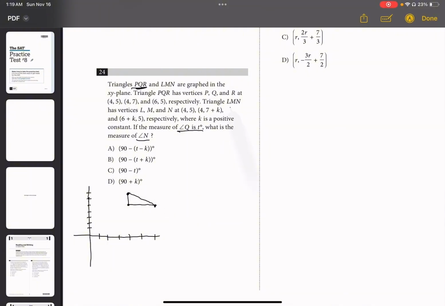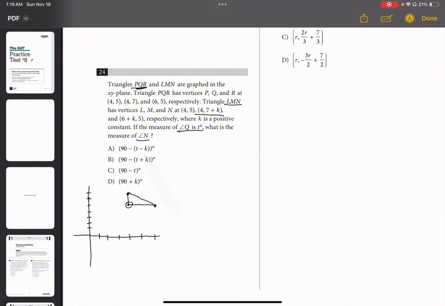And then we're looking at triangle LMN, which has vertices (4, 5), so the same as this one. Then (4, 7 plus K).